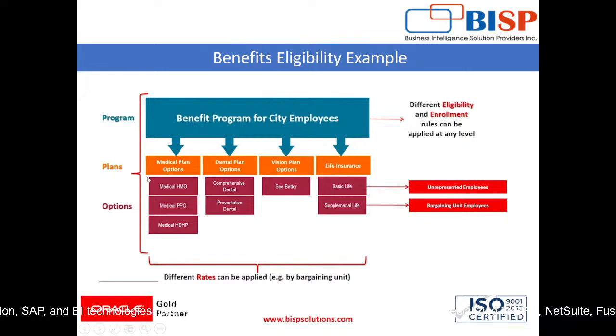We have different options, and this represents unrepresented employees and bargaining unit employees. For specific employees, this unrepresented employee will get basic life insurance, and the bargaining unit employee will get supplemental life as well.